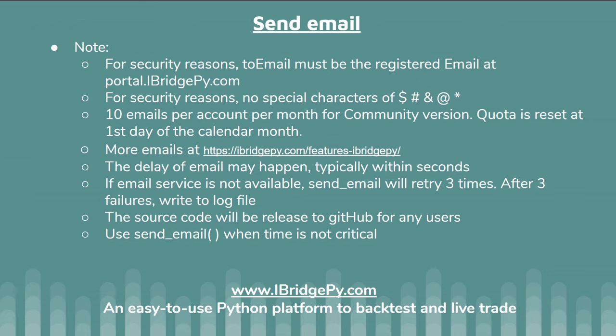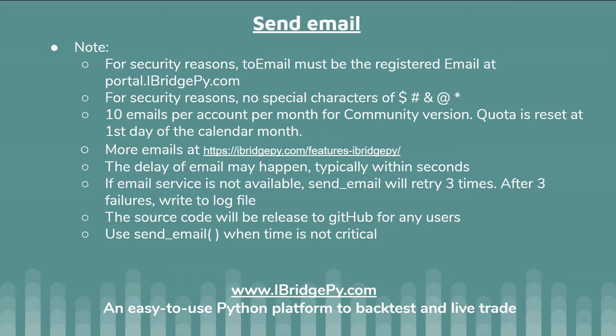The next thing you need to keep in mind is that for security reasons, we don't allow special characters, for example these characters, in either the email title or email body. Our service will simply replace these special characters with a space and then keep the title and email body.